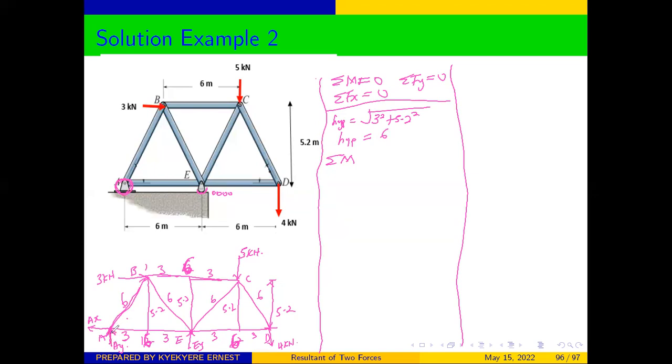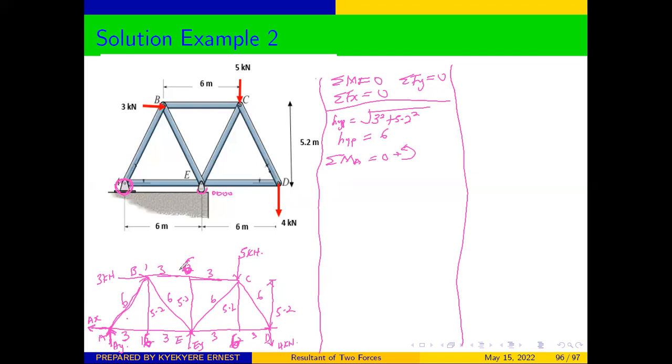At A, we have AY, which we don't know, and AX, which we don't know. Therefore, it is appropriate to take our moment at A, and we assume that the anti-clockwise direction is positive.